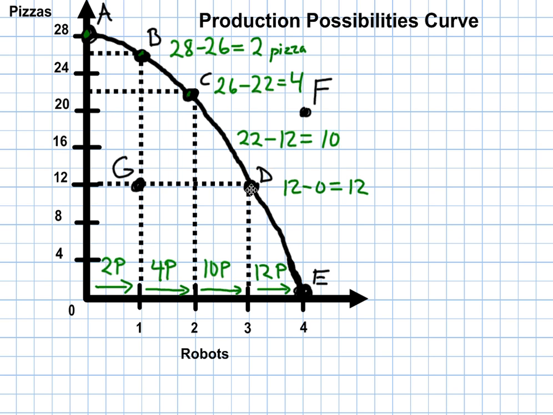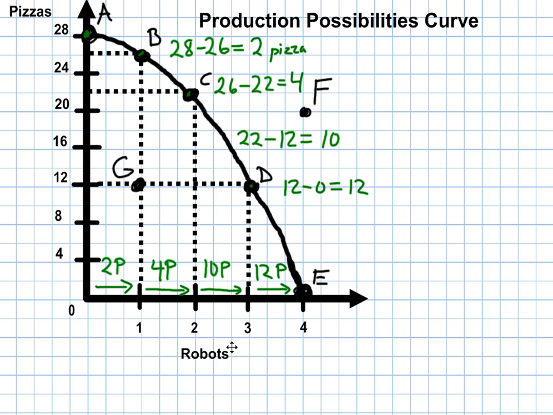So we go from having 12 pizzas with our 3 robots to now we have 0 pizzas with our 4 robots. So the 12 minus 0, the size of our opportunity cost, the sacrifice to get that 4th robot was 12 pizzas. So that's how the incremental change, the marginal analysis, and the number of pizzas we give up is opportunity cost. We're trading off the pizzas for the robots.